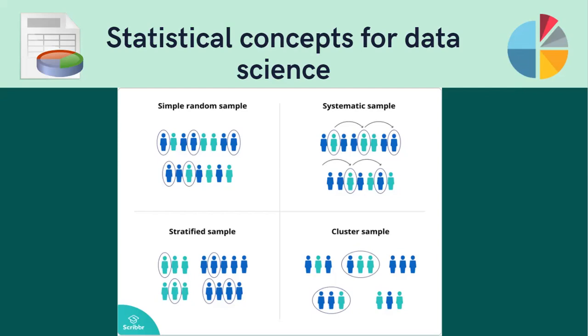On the right-hand side of the stratified sample, as you can see, there are blue people, which means they share the same characteristics, and on the left-hand side, that is light blue. So they share the same characteristics. And out of these two groups, then we select people. So that is what stratified sampling is.